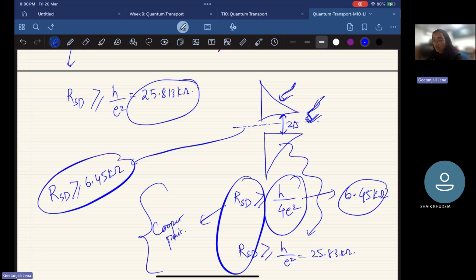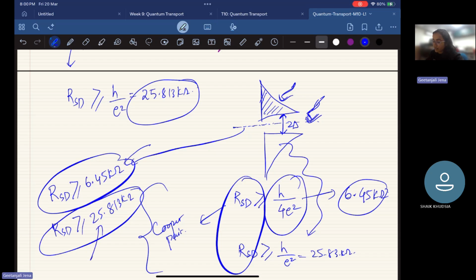But if the normal quasi-particle states are involved in the transport, or if you look at the normal metal semiconductor, the R_ST should be the value that we have seen earlier, which is 25.813 kilo-ohm. For this state, it should have a value of 25, but for the Cooper pair, it should have a value of 6.45, which is h by 4e squared.